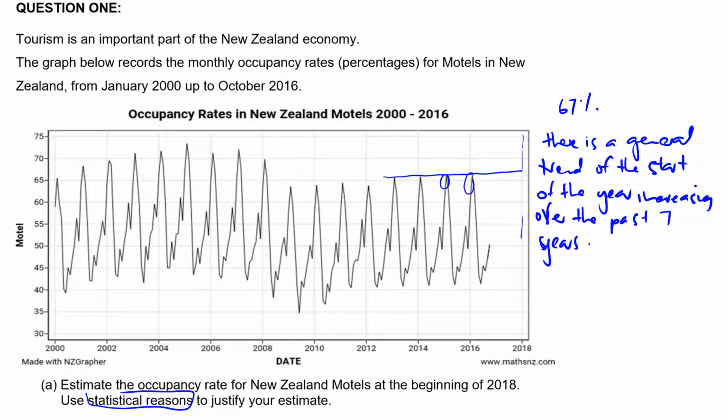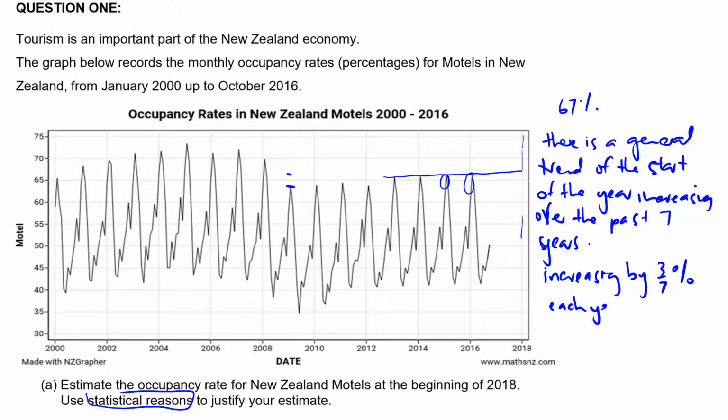Over those past 7 years, it's probably increased from 64 to 67, 66, 7 years. It's only increased by 3, so it's increasing by 3 over 7% each year.